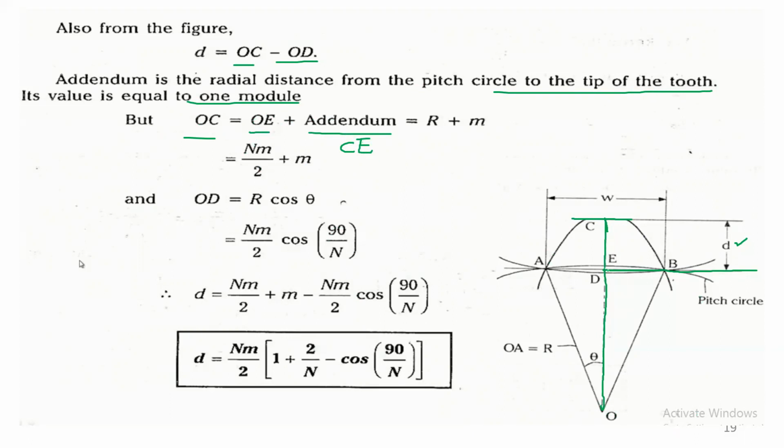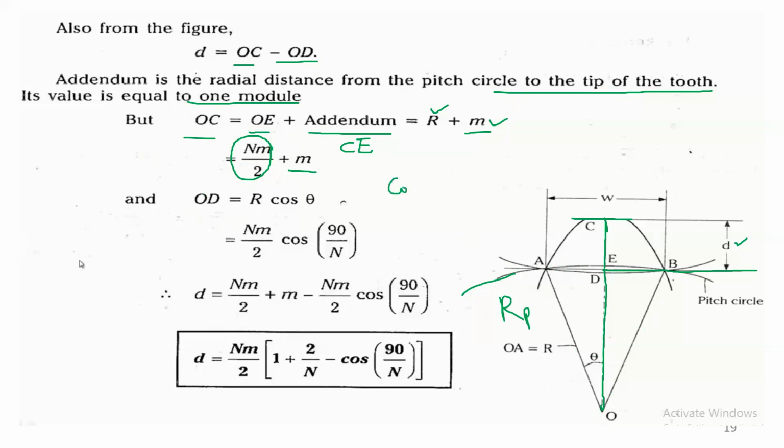What is OE? It is the radius of the pitch circle. And CE is the addendum, equal to 1 module. So OC is equal to R plus M. As you know, R is equal to Nm by 2, as we have seen in the previous slide, plus the module. And then we need to find out what is OD. So from this triangle, what is OD?